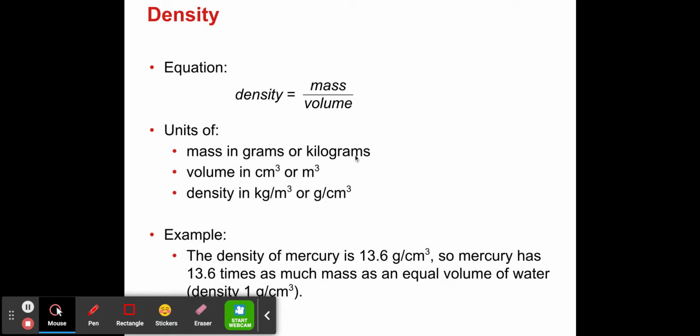The unit of mass is the kilogram or the gram, and units for volume is either the centimeter cube or the meter cube. And so remember, the kilogram goes with the meter cube. So the unit of density will either be kilogram per meter cube or grams per centimeter cube. You can't mix them.